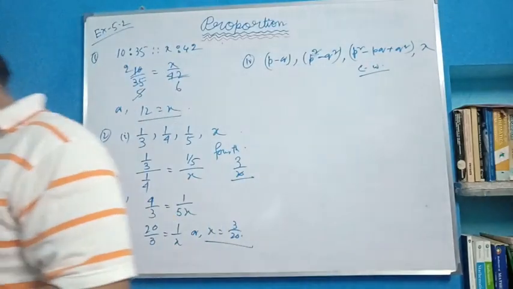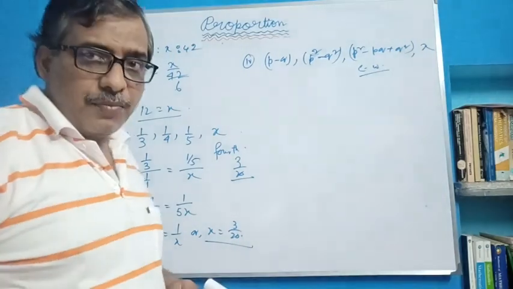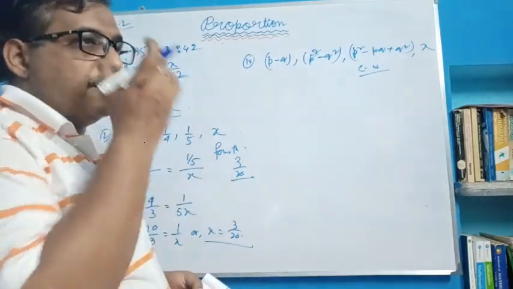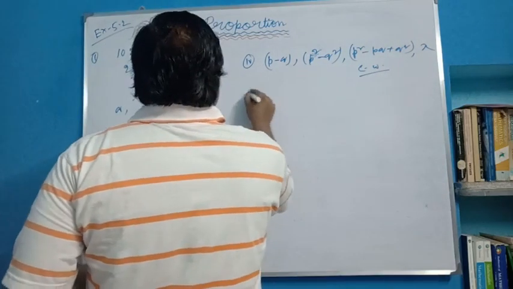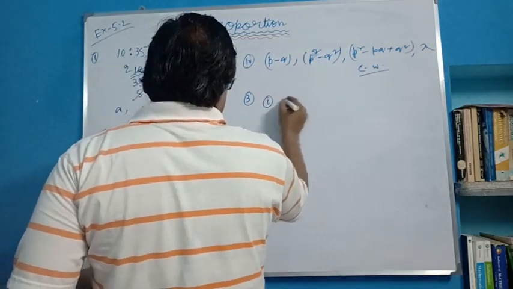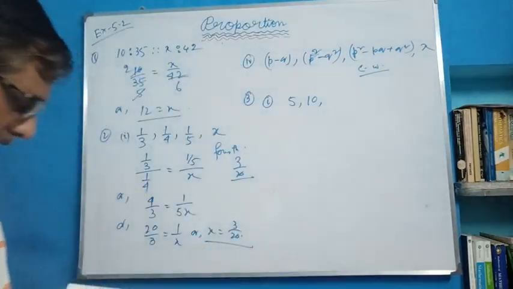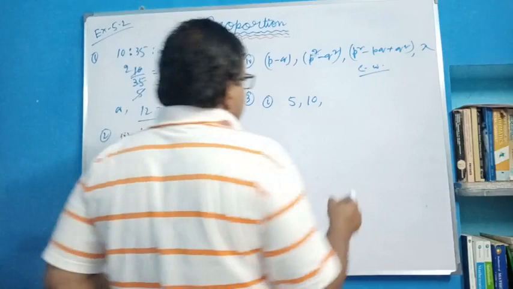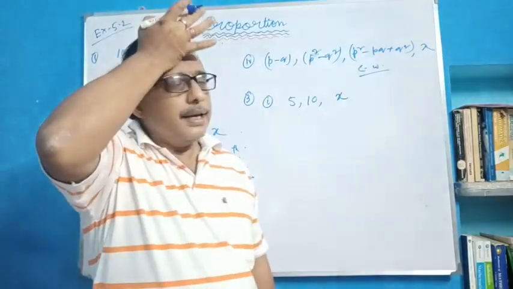This is your classwork. Next, find the third proportional of the following positive numbers. Question number 3: 5 and 10. We have to find out the third proportional. Suppose the third proportional will be x.